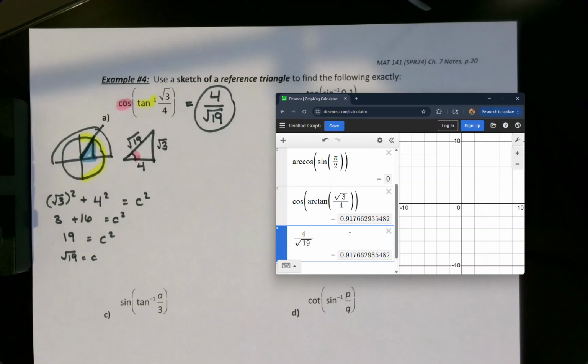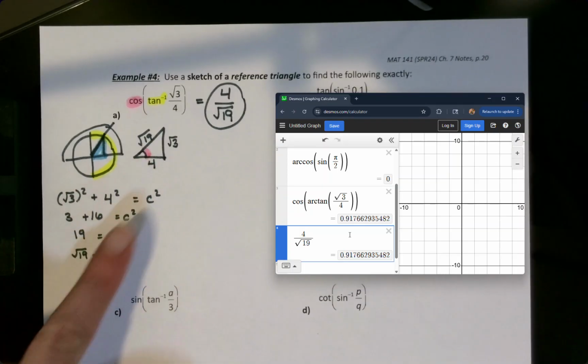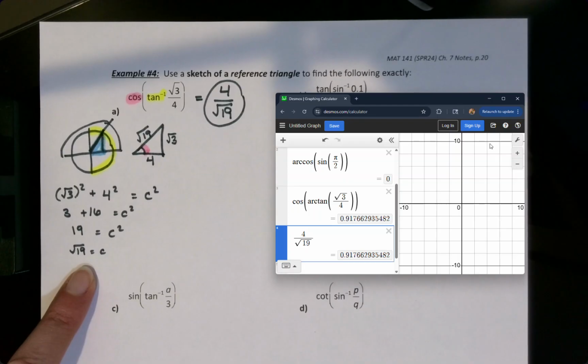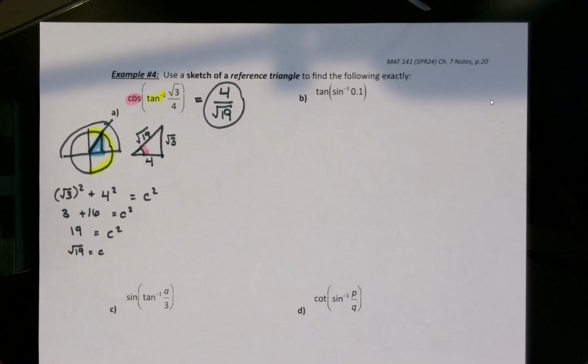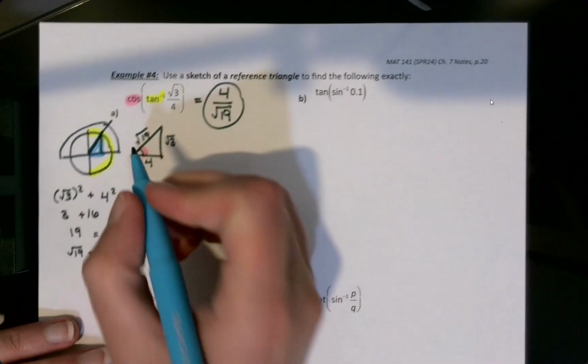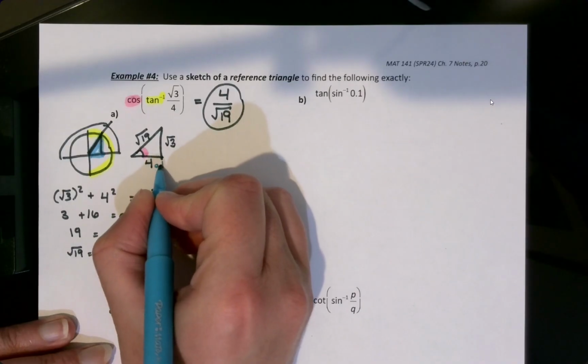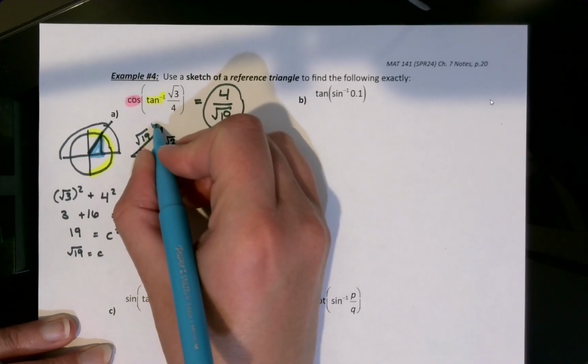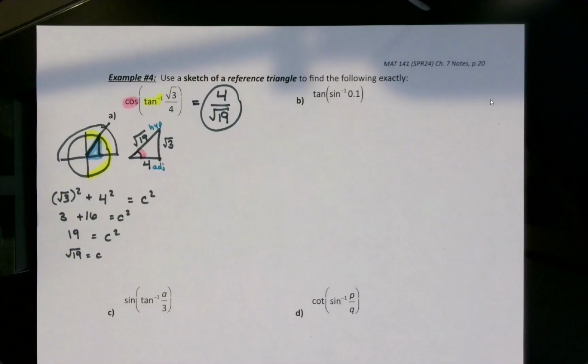The decimal numbers match up, but by using a reference triangle, I was able to solve for this value exactly. And again, I solved for that exactly by using the fact that the cosine was a ratio of the side adjacent over the side hypotenuse. Okay, let's give this another try in the next one.